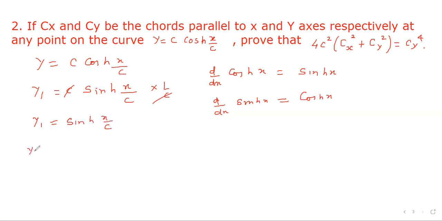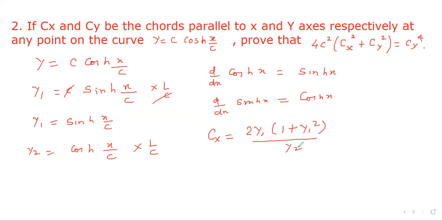Now we have to get y2. Y2 will be cos hyperbolic x upon c into 1 upon c. Now let's find out Cx. We know the definition of Cx. Cx is 2y1 times (1 plus y1 square) divided by y2. Let's put in the values.